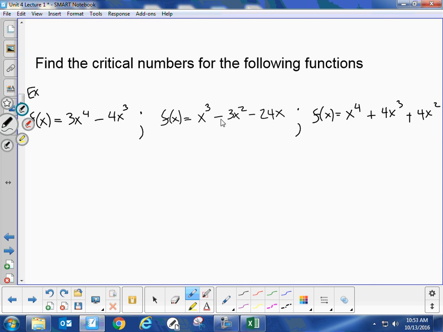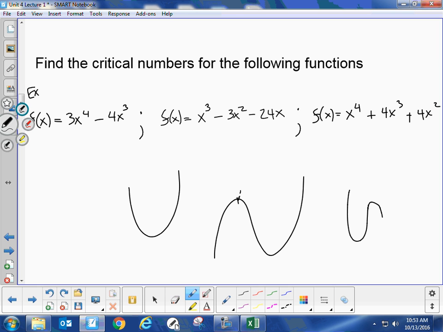So I have 1, 2, 3 functions. These are just simple polynomial functions. Most of the functions we'll be dealing with are just like this. Not super complicated, just polynomials. And we know polynomials like x squared or x cubed sometimes could have a couple of max mins, like x to the 4th.